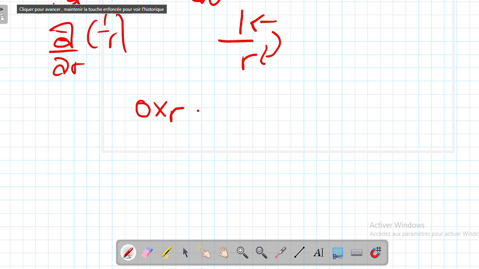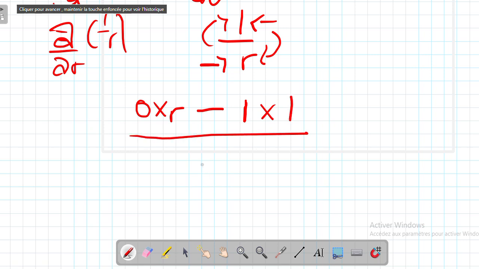Then you say minus, and you do the inverse: you find the derivative of what's down. The derivative of r with respect to r is 1. Then you multiply by what's on top, which is 1, over what's down, r squared.